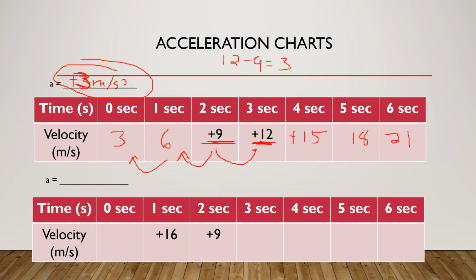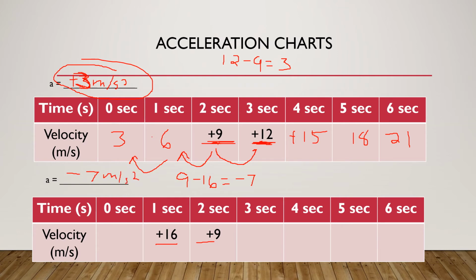Okay. What about this? I said right minus left, so I'm going to do 9 minus 16. Well, 9 minus 16 is -7. Oh, -7 meters per second squared.